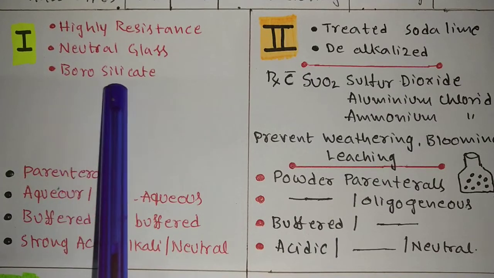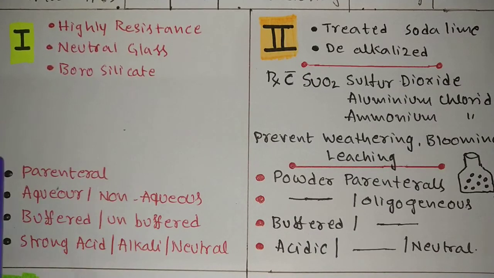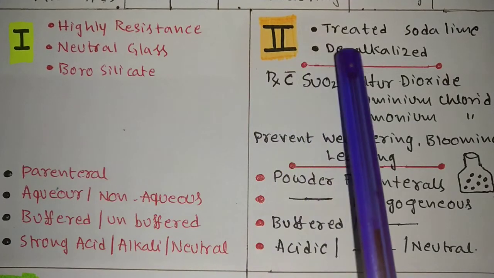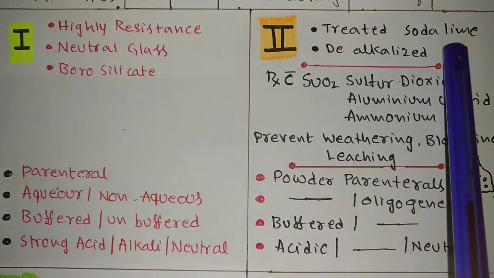See here, borosilicate. The brand name available is Borosil. We will see the Borosil brand name on the glasswares we use in our regular laboratory. And type 2 glasses are called treated soda lime.